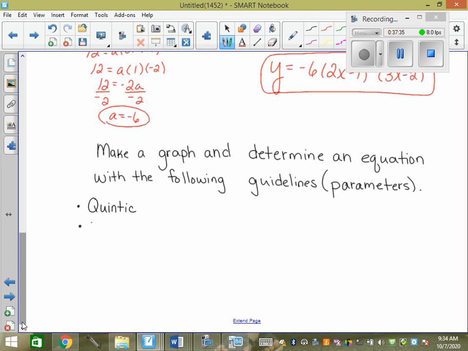Should I start with quintic? That's kind of mean. Sure. Quintic, 3 x-intercepts, positive y-intercept.